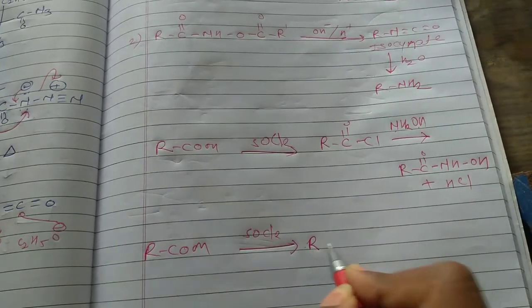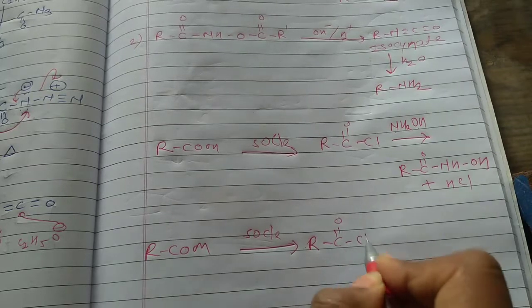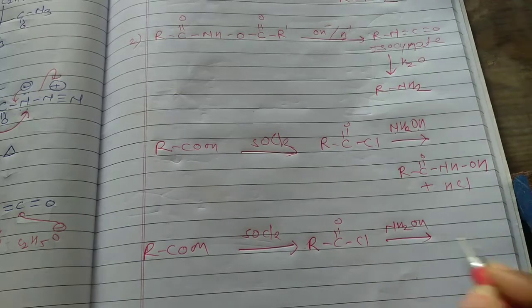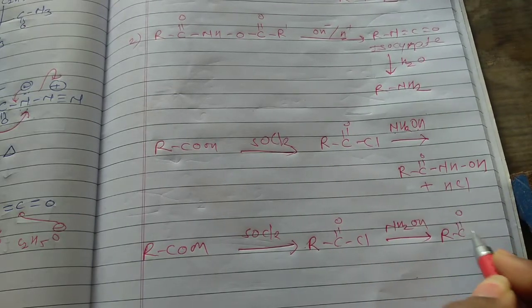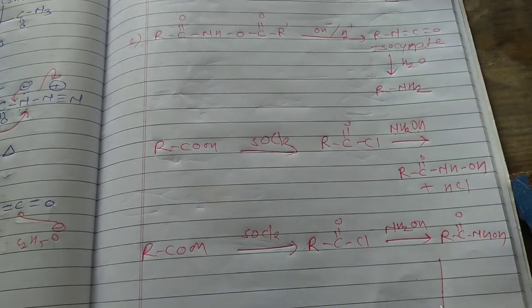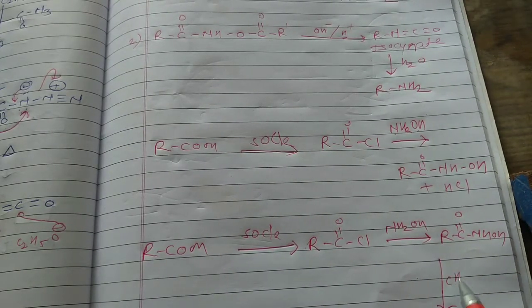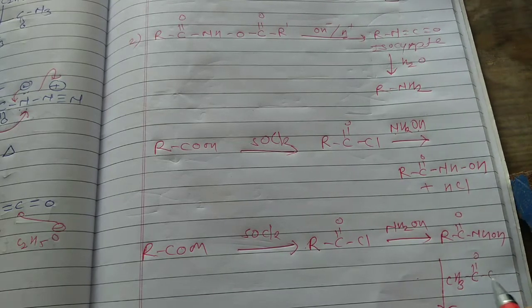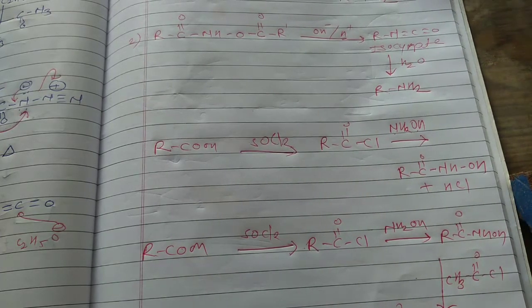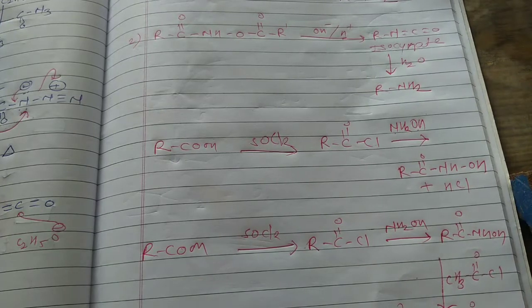There is a formation of RCOCl. Then further it is reacted with NH2OH, and there is a formation of RCONHOH. Then further it is reacted with the acyl chloride, that is CH3COCl, and there is a formation of RCONHOCOCH3. This is the O-acyl hydroxamic acid.